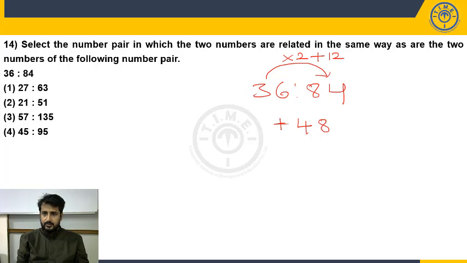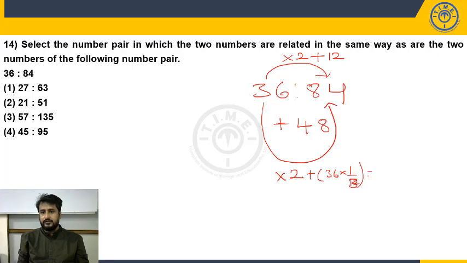I may think into 2 plus 12, or also, as we discussed at the beginning, into 2, this 12 is one third of 36. You can also think in this way. 12 is one third of 36. So into 2 plus 12. Now apply the same logic. 27 to 54. 54 plus 12 is 66.